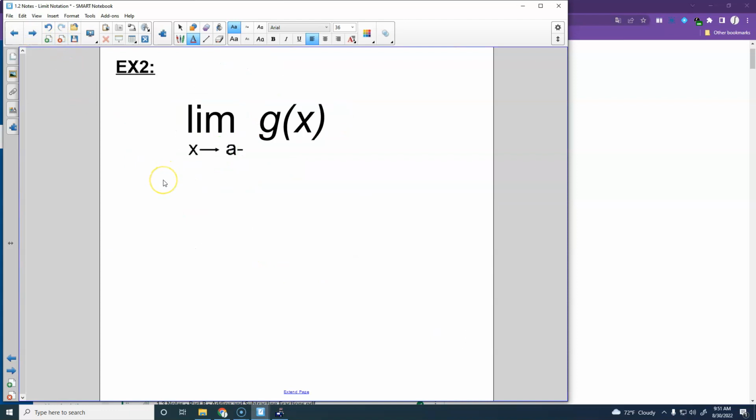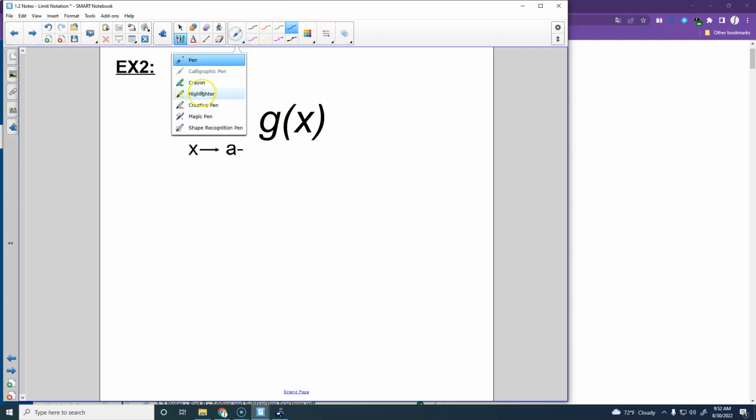So this one has something a little bit weird about it. It's got that minus behind our A. Who remembers what that means? From the left, right? So it's not a mistake that I accidentally put the negative behind the number.